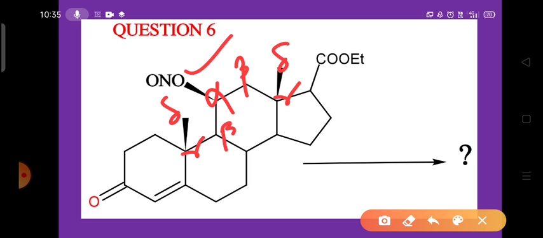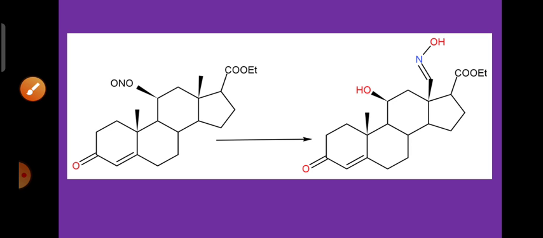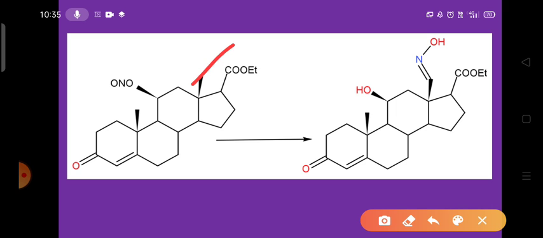Here we have to think on which delta methyl carbon the nitroso group will be substituted. The nitroso group will be substituted on this carbon, and we get the oxime here. It will not be substituted on this carbon.